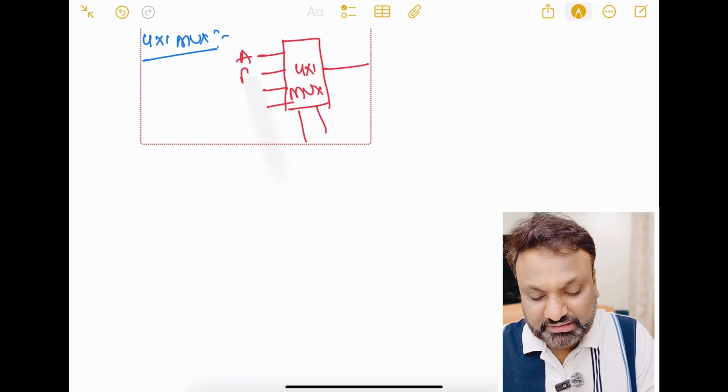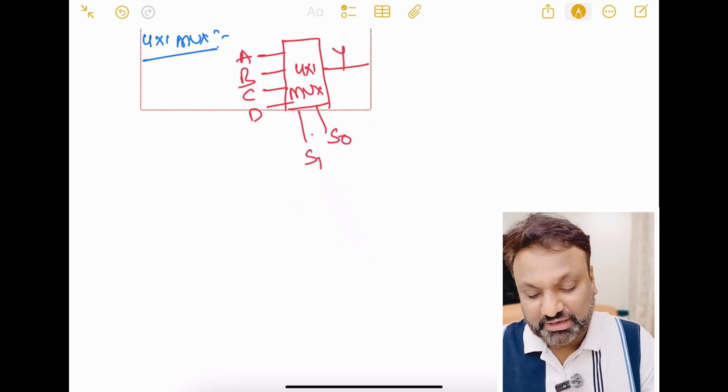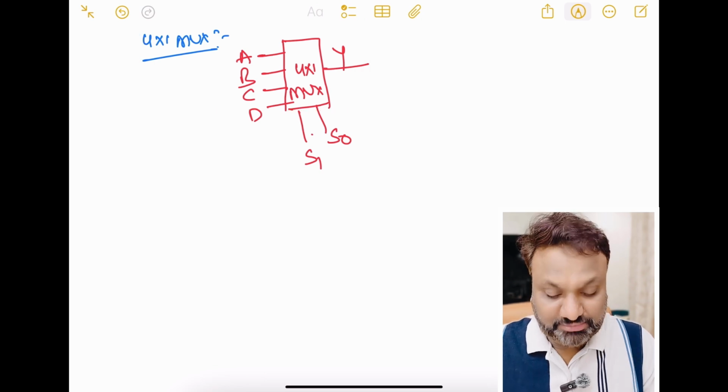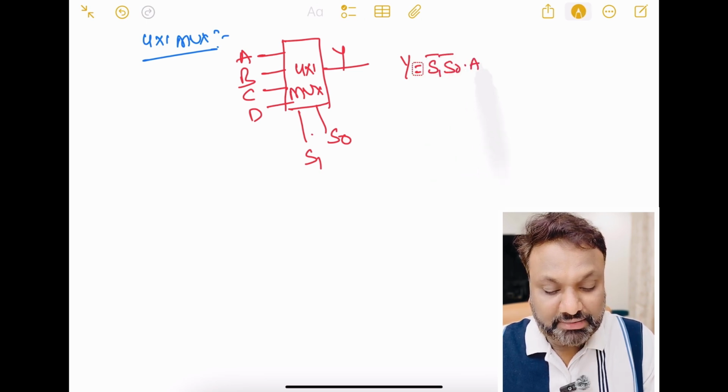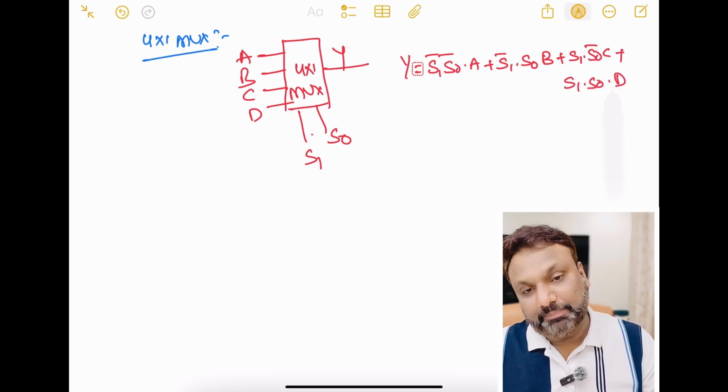A, B, C, D are my inputs, S0 and S1 are my selector lines, and Y is my output. I can also write Y equals S1 bar S0 bar A plus S1 bar S0 B plus S1 S0 bar C plus S1 S0 D.